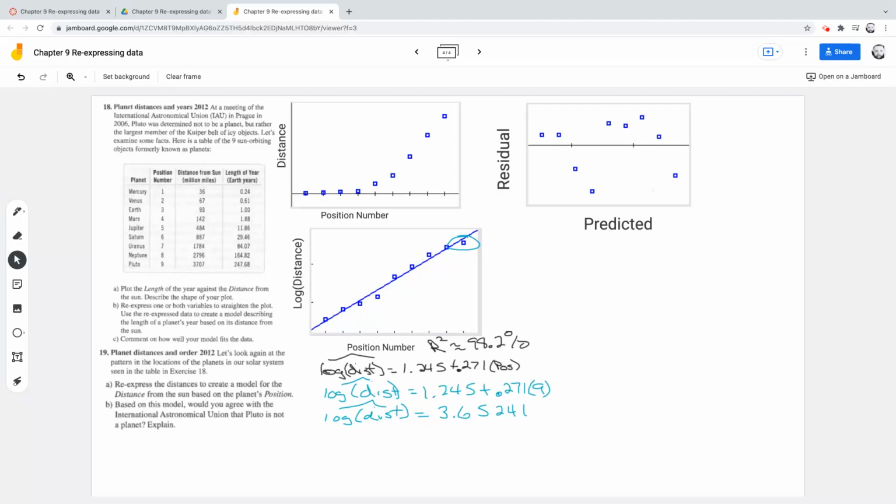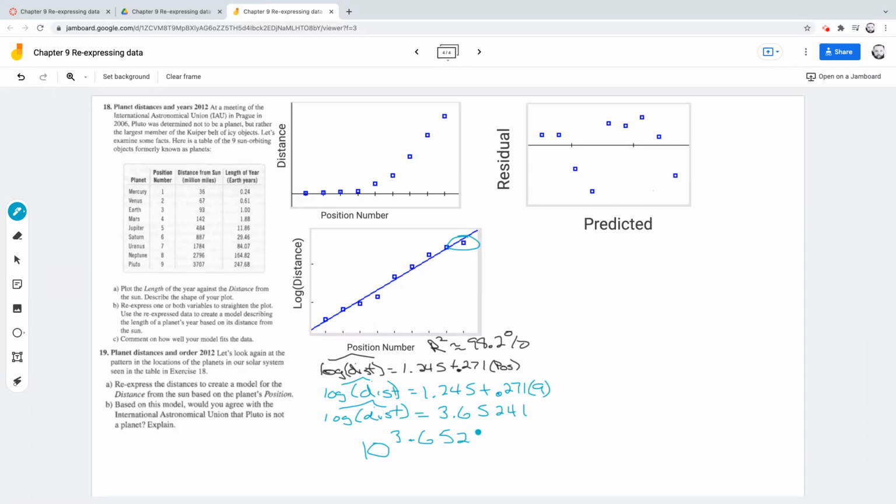According to the model, the 9th planet in our solar system is predicted to be, I got sidetracked. We got to finish what this prediction would be. So remember that the log of something is the common log, so that has a base of 10. So this is really equal to 10 raised to the 3.65243 number, right?